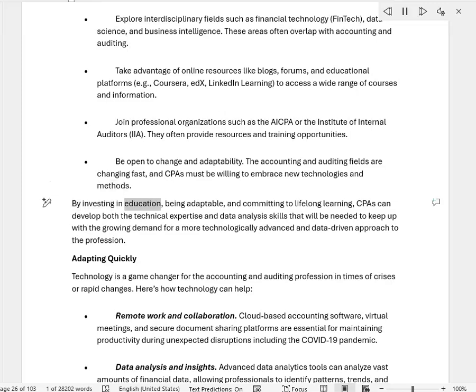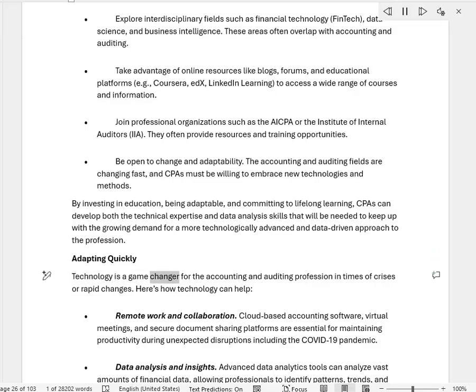By investing in education, being adaptable, and committing to lifelong learning, CPAs can develop both the technical expertise and data analysis skills that will be needed to keep up with the growing demand for a more technologically advanced and data-driven approach to the profession.